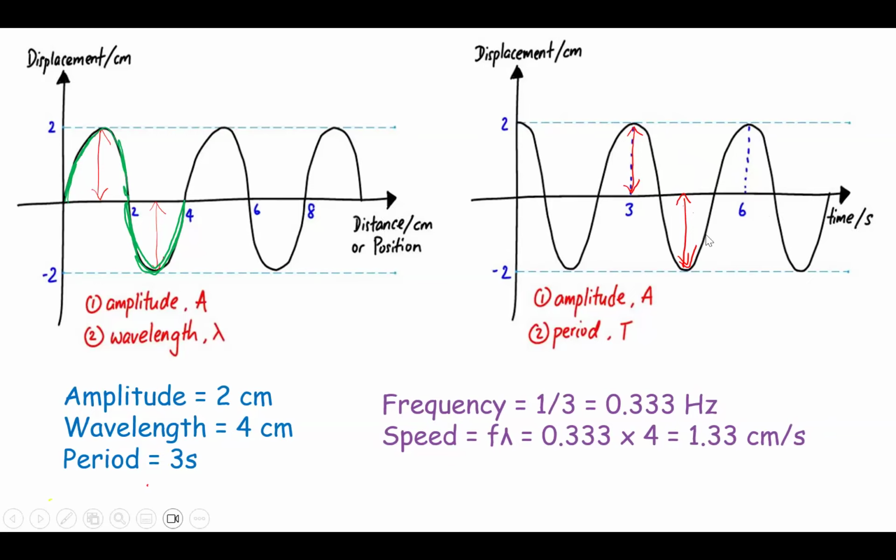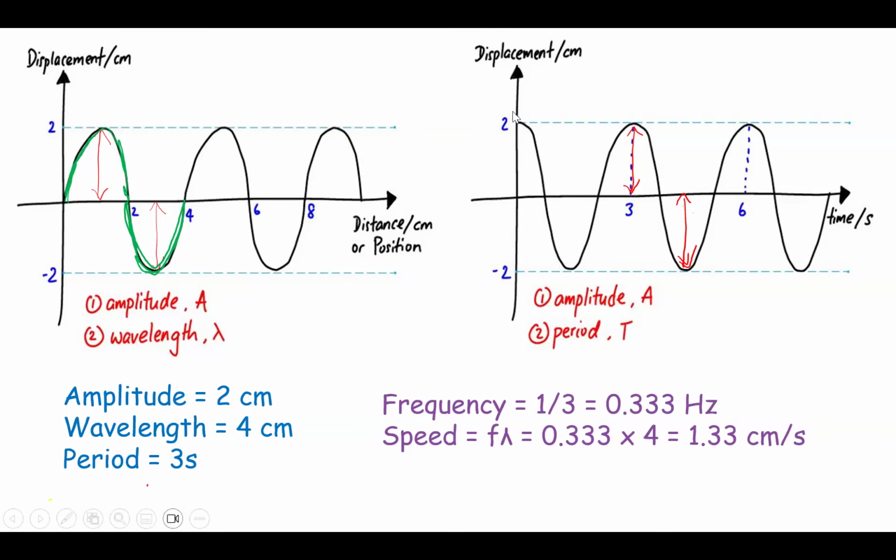Then what about the period? Amplitude, wavelength, and period can be found from the graph, everything in blue over here. The period is the time for one wave, like for example, one period is 20 minutes, so it's a time.